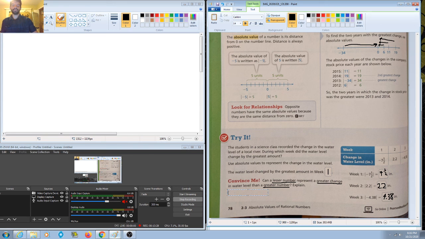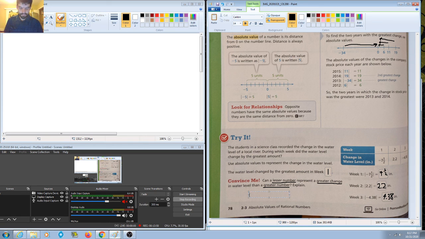So to put that into a more visual sense, let's take one number that is negative and one number that is positive and see if it's possible for a number that is negative to represent a greater change than a positive number.